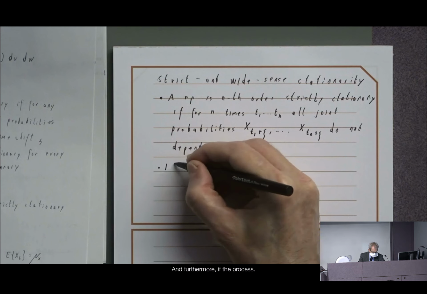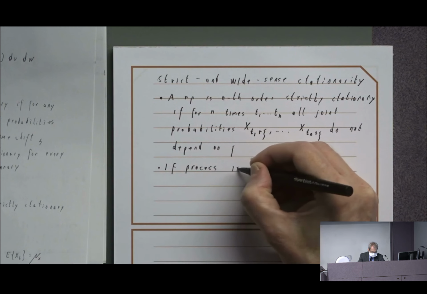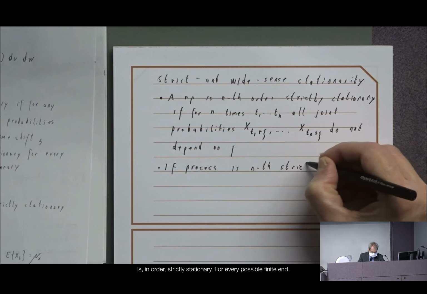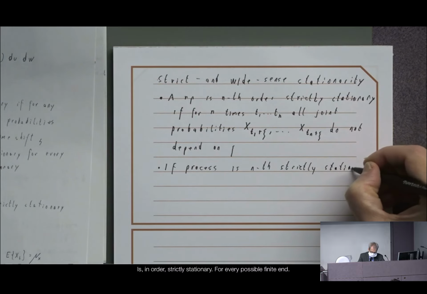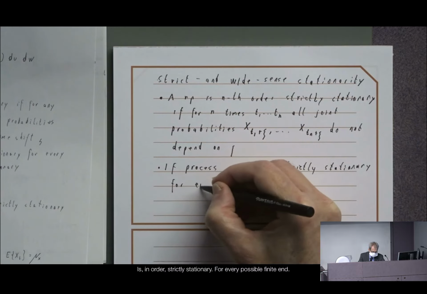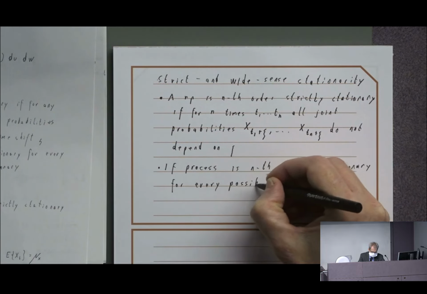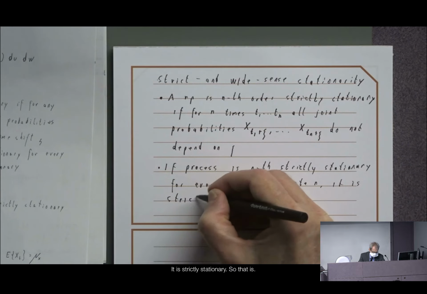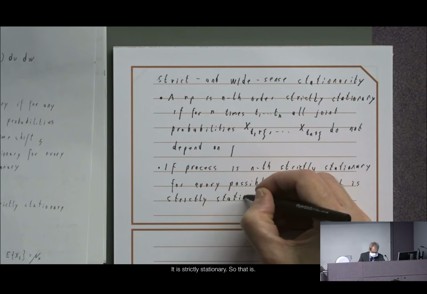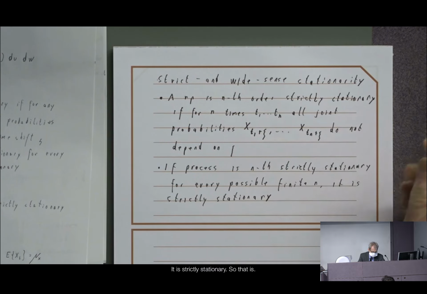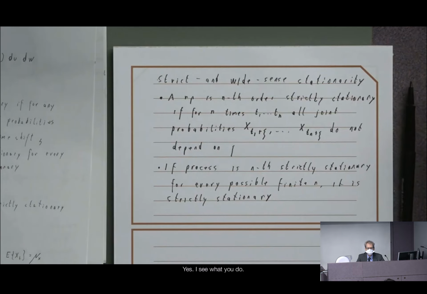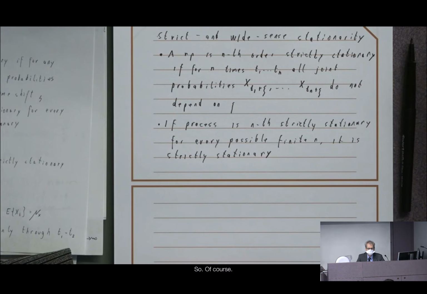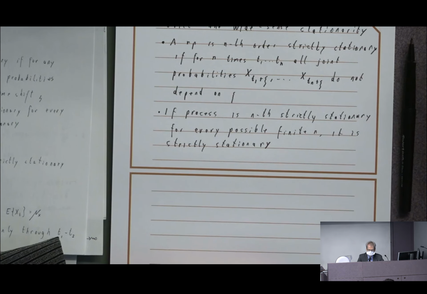And furthermore, if the process is nth order strictly stationary for every possible finite n, it is strictly stationary. It can be in principle any order.